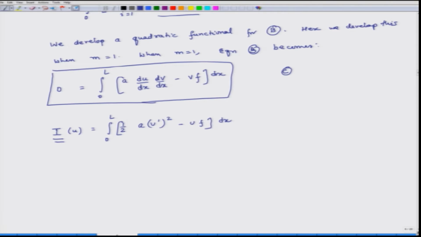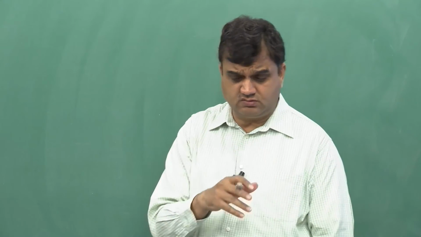So what we will do is, for this relation, we will find its variation. And how do you find the variation? You replace u by u plus epsilon v, where epsilon is a very small number. It could be 10 to the power of minus 50, an extremely small number, as small as you can think.